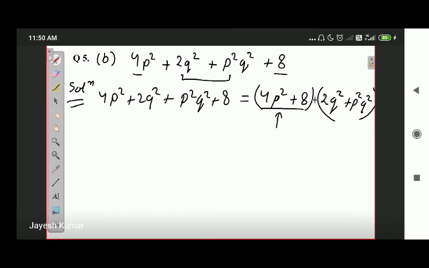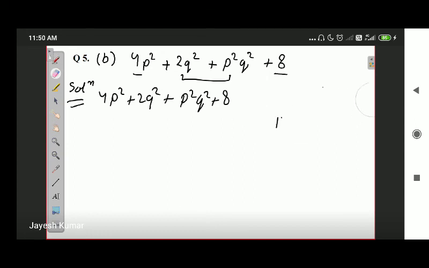Sorry, in between there is also plus sign. Let me rewrite this whole. I am rewriting it as 4p square plus 8 plus 2q square plus p square q square.